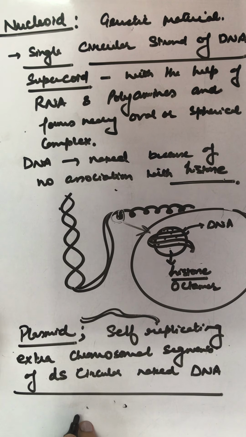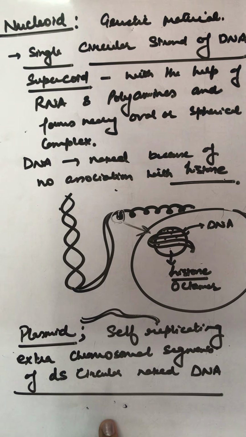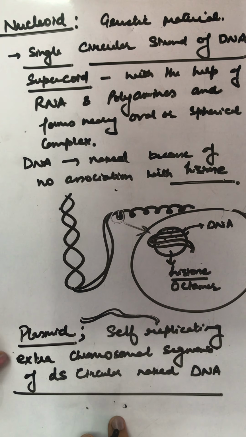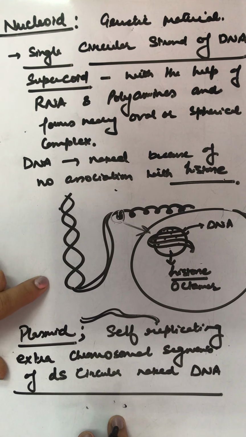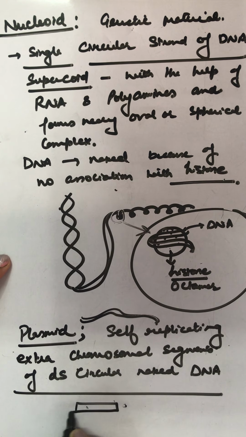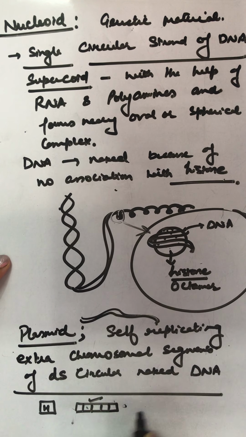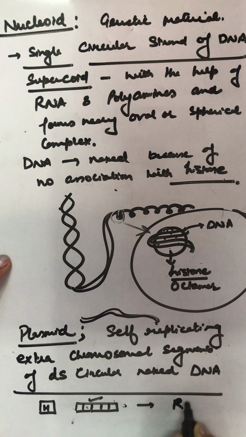Now, what is this feature? This is responsible for carrying certain characteristics of the desired gene into the alien DNA. Maybe I want to transfer this particular gene characteristic, this sequence, from this host to this recipient.